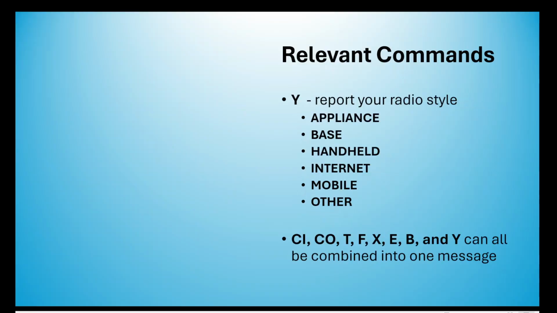Y allows you to set the radio style, or type, whether it's an appliance, a base station, a handheld, internet, mobile, or other. And all of these commands can also be combined with the checkout and check-in commands, so you could actually do it all in one fell swoop when you join the net.